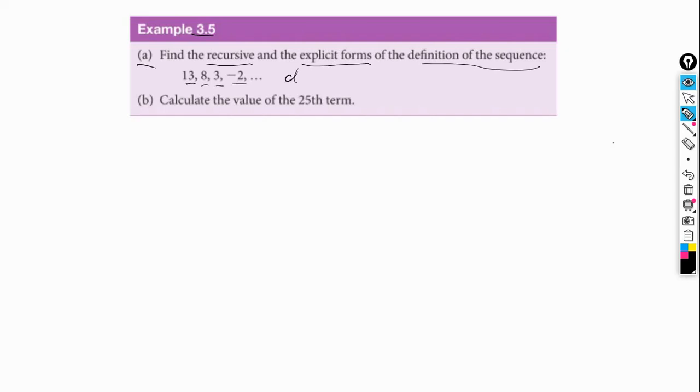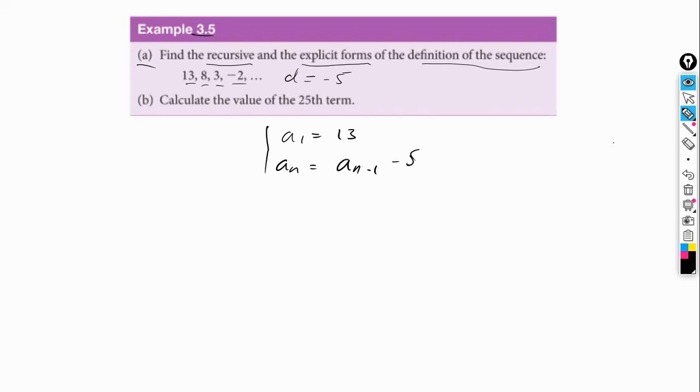So that means that the common difference would be negative 5. Now, the recursive way of saying this would be the first term is 13, and the nth term is going to be the previous term minus 5. So that would be the recursive form of the definition of the sequence.